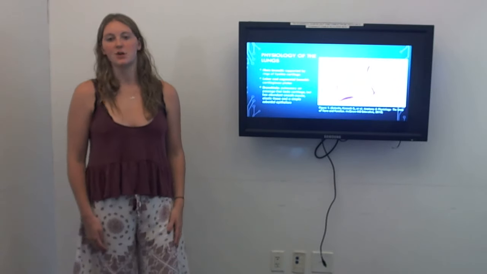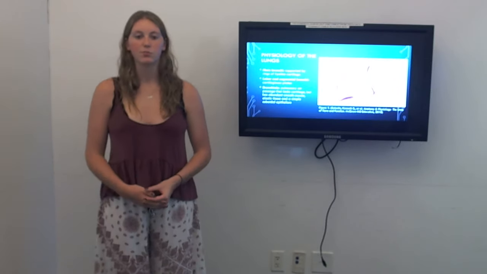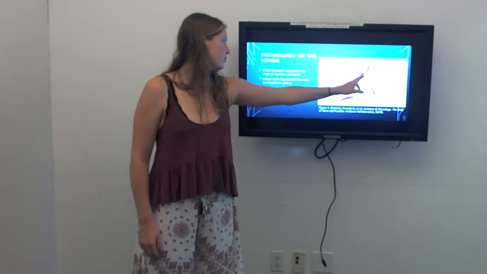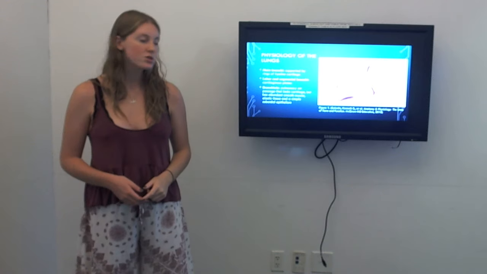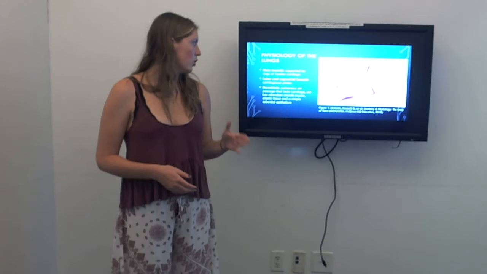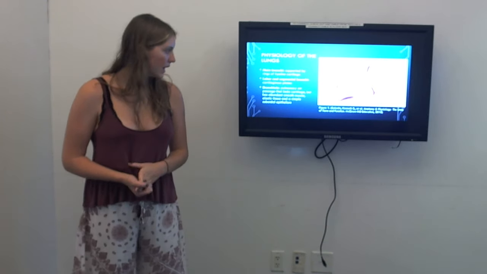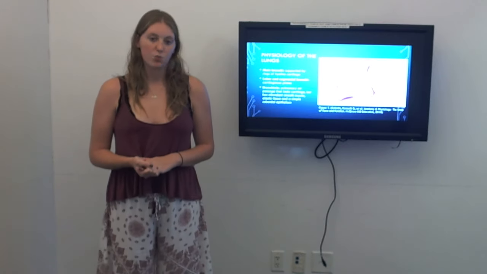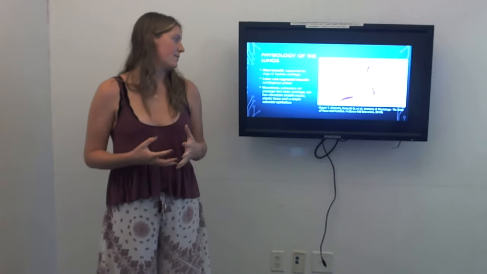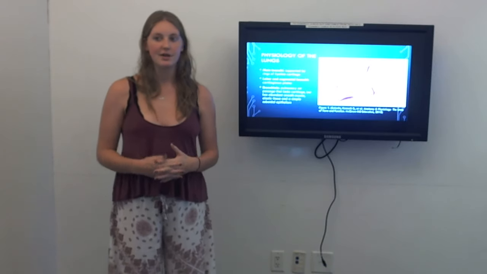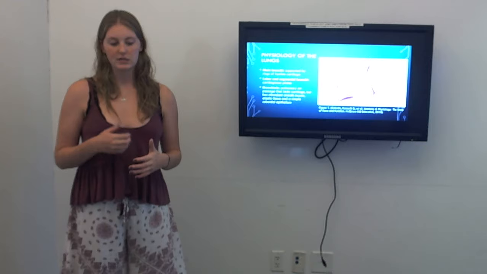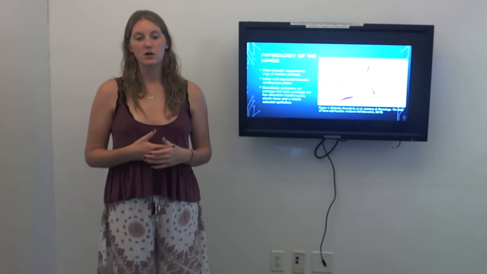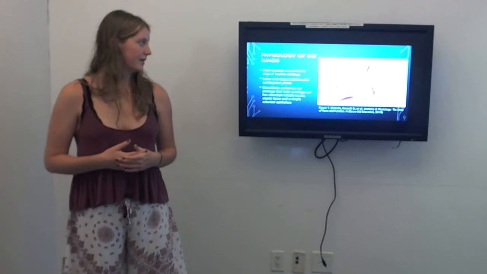So we'll begin with the physiology of the lungs. The lungs are comprised of the main bronchi seen through here, supported by rings of hyaline cartilage. They also have lobar and segmental bronchi, composed of cartilaginous plates, as well as bronchioles, which are pulmonary air passages that lack cartilage but have an abundance of things such as smooth muscle, elastin tissue, and have a simple cuboidal epithelium.